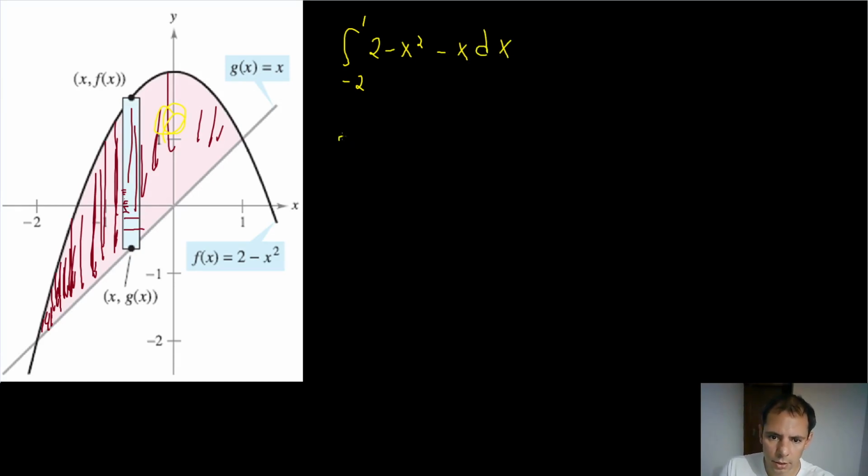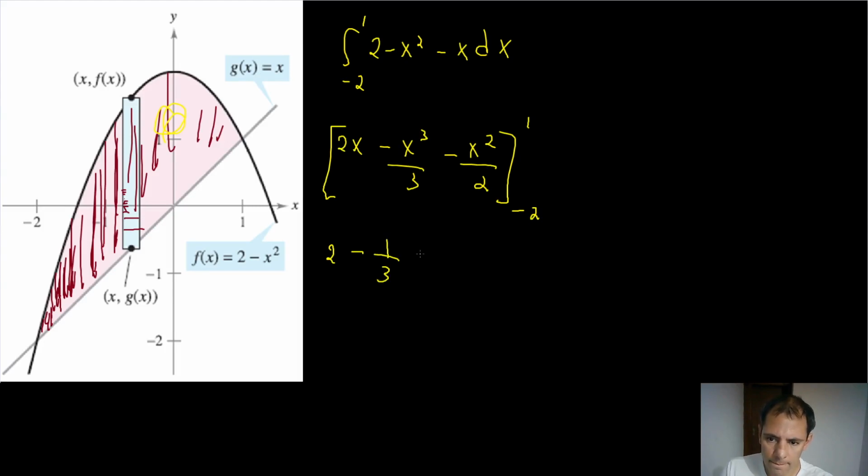Let's do that. It's going to be 2x minus x cubed divided by 3 minus x squared divided by 2. And now you have to go from minus 2 all the way to 1. So you have to do the 1 first. So it's going to be 2 minus 1 cubed divided by 3 minus, first you put the 1, and then you put the minus 2.